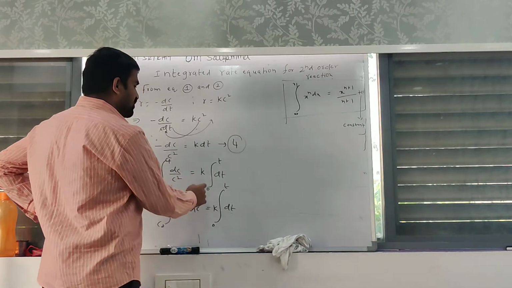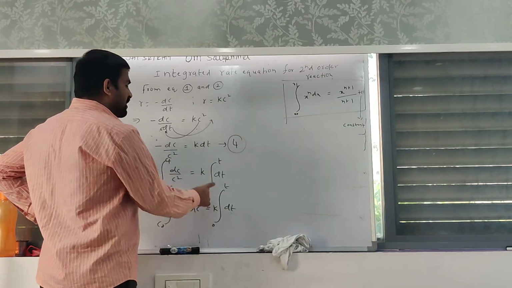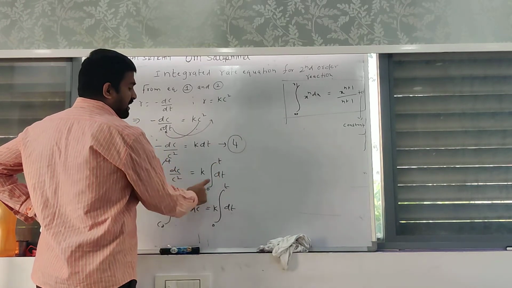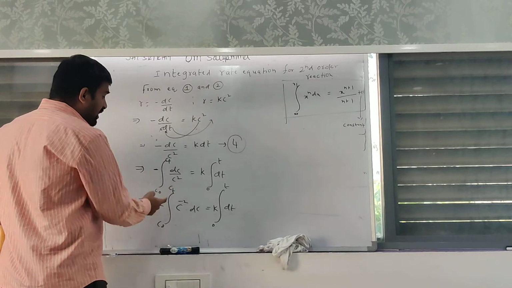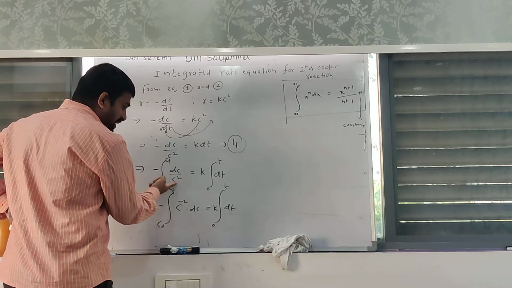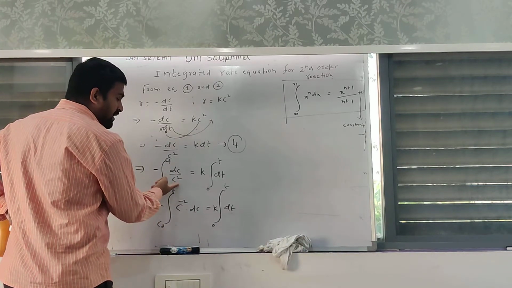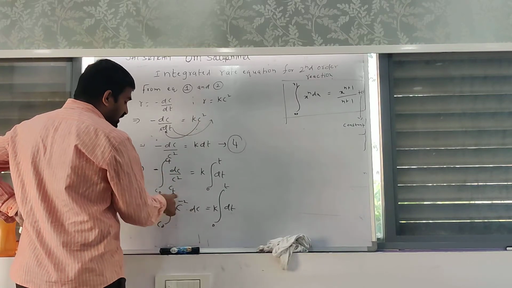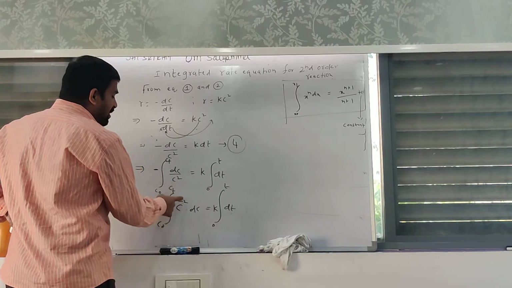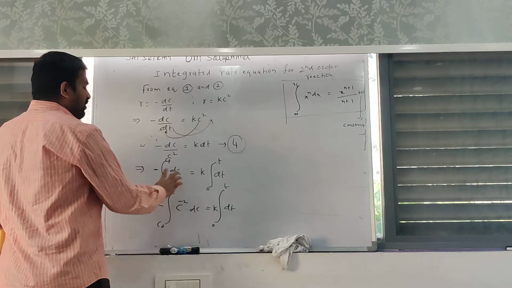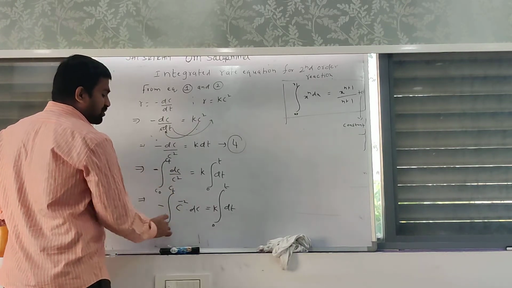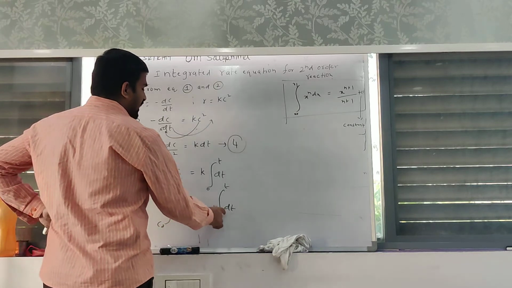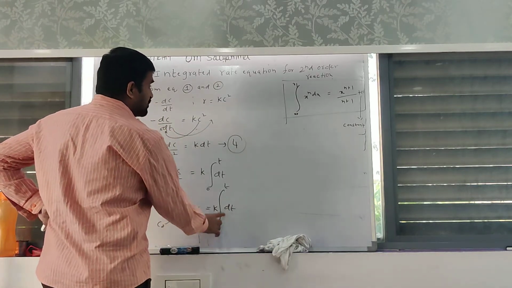Initial time is 0, and at reaction time t, dt. Here c square is in the denominator, and I want to take it to the numerator, so the power is converted to negative. C minus 2 dc is equal to k dt, with limits 0 to t.